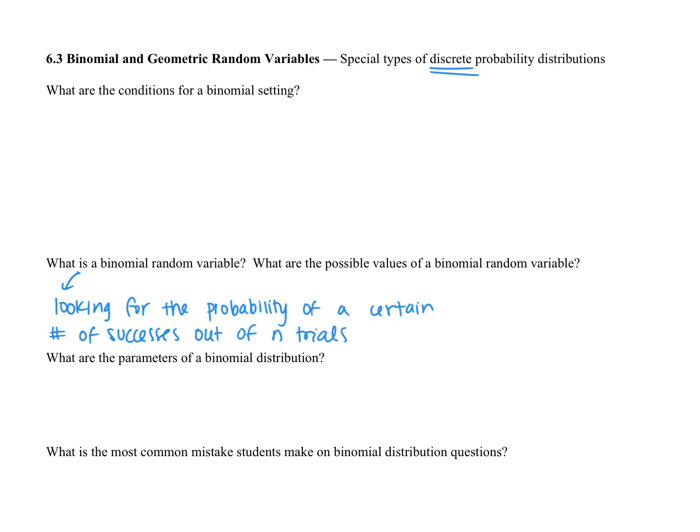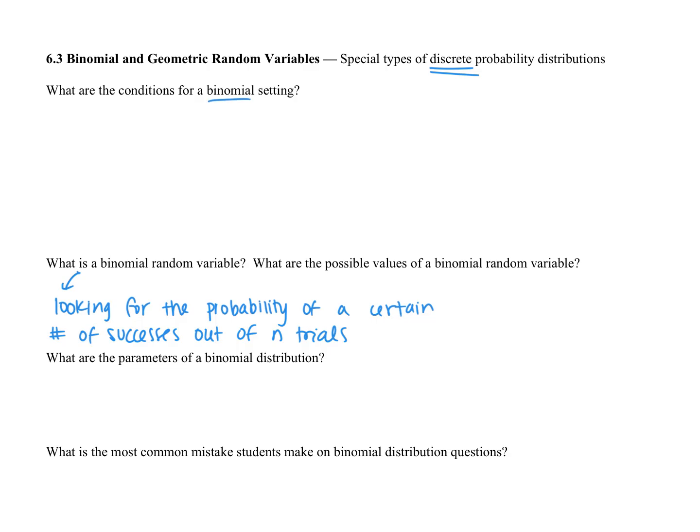So something like, I have 10 trials, what is the likelihood I get 3 successes? Or at least 3 successes. That's binomial. So what's really important is you have a fixed number of trials and you're looking at a certain number of successes. Now, there are 4 different conditions.